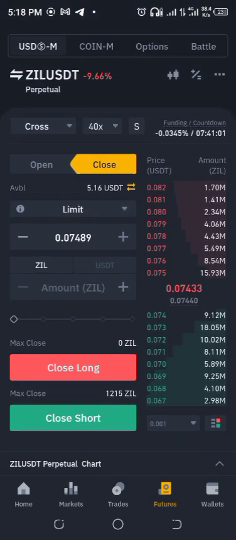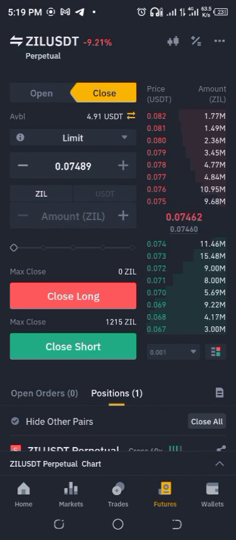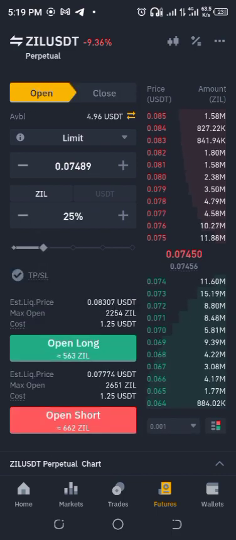Now, I wouldn't want to go into the chart to do any analysis. Let's say here I entered with 2.26 as the margin. Let me use the same 2.26 as the margin here to open a long position. Okay, this is 2.28.